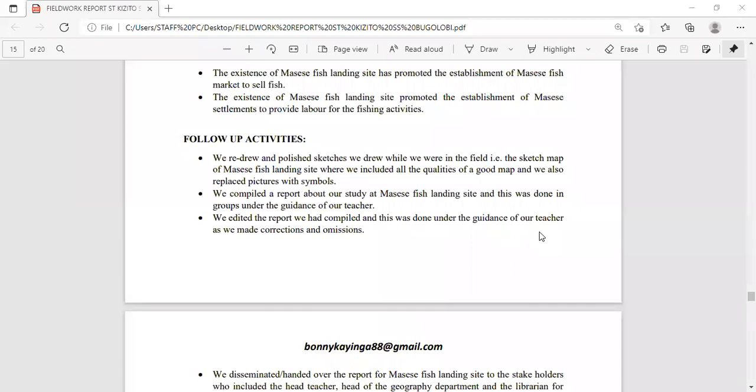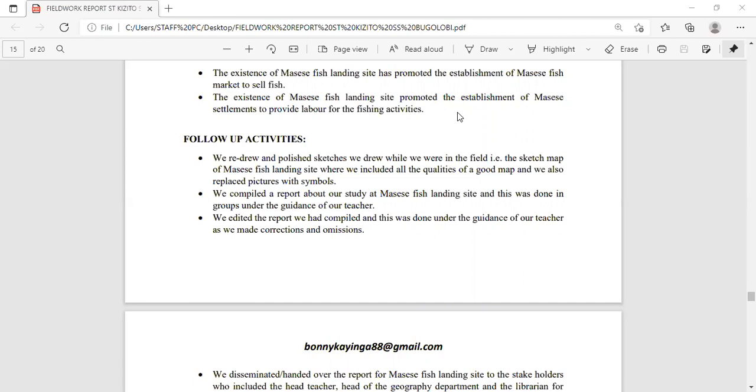What are some of these methods? Observation. Some of the methods we use during fieldwork. Observation. How do we apply observation?